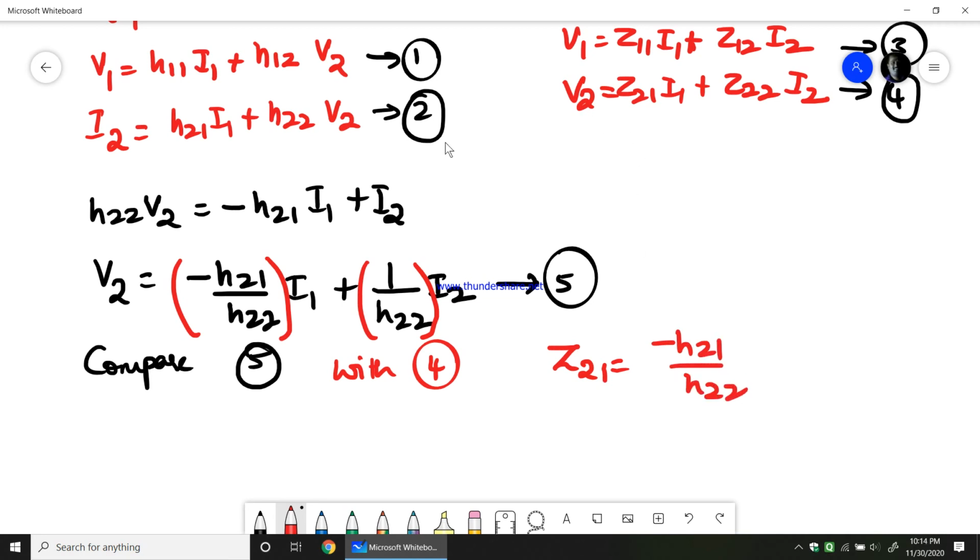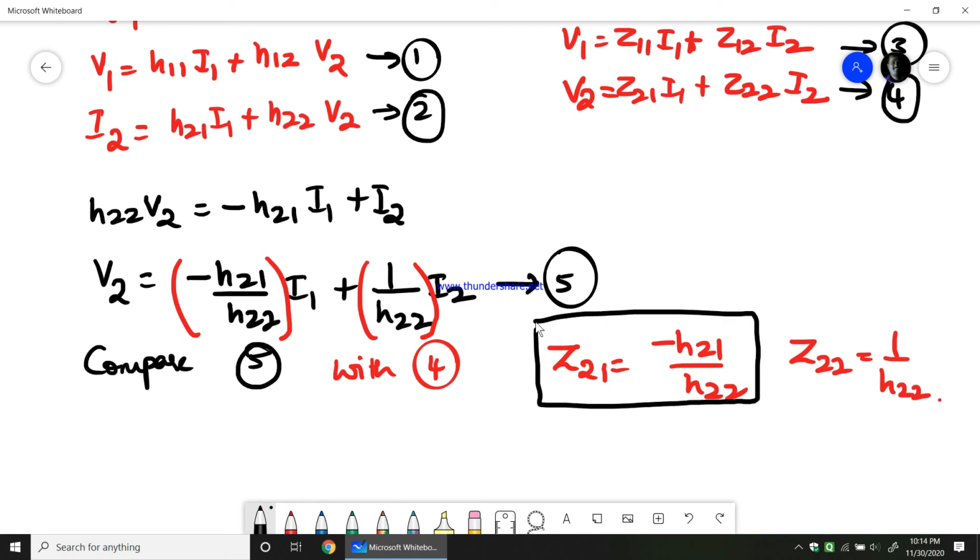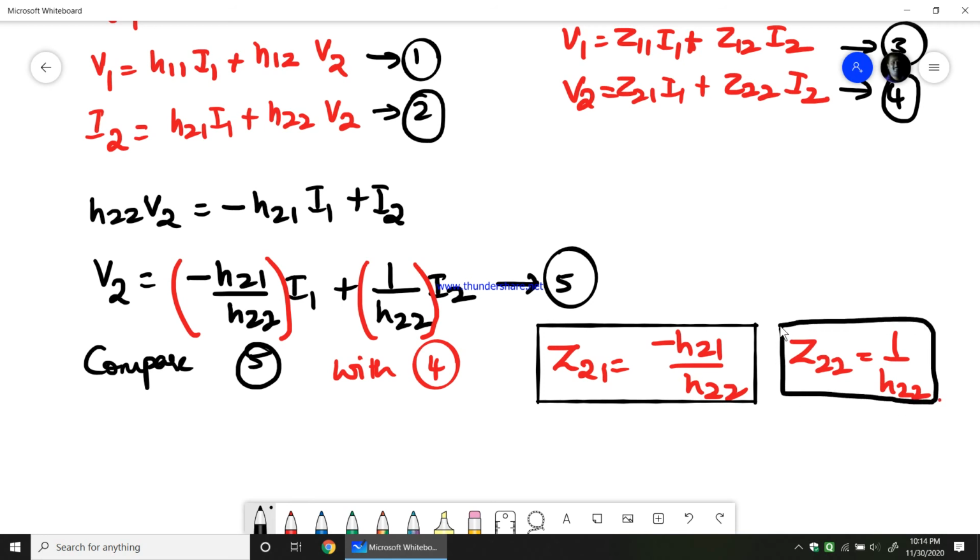See, the fourth equation is V2, I1 plus I2, I1 and I2. So Z21 is nothing but minus H21 by H22 and Z22 equals 1 over H22. So these are the two equations that we have, Z in terms of H for Z21 and Z22.